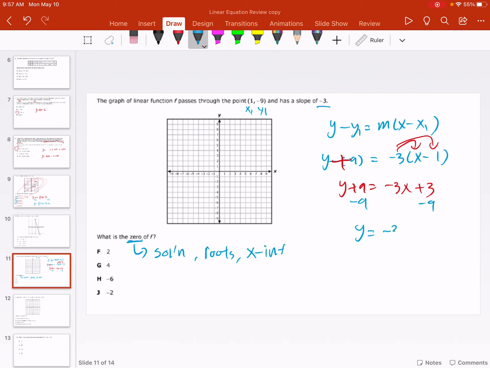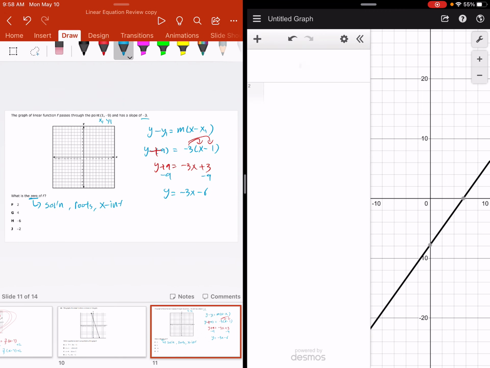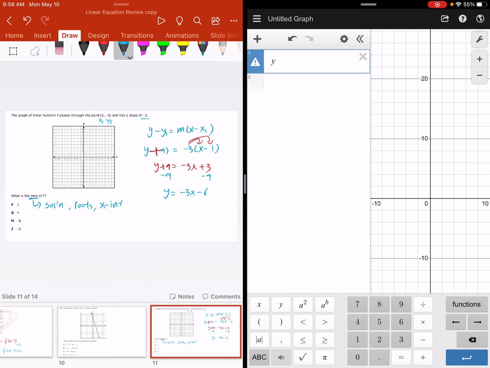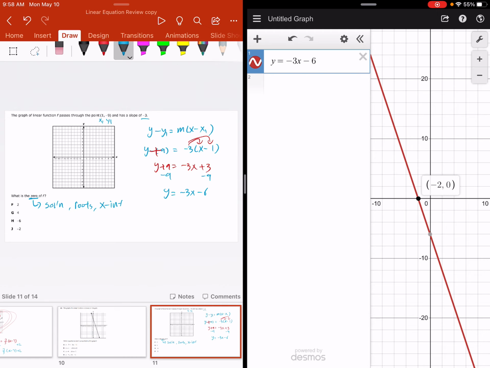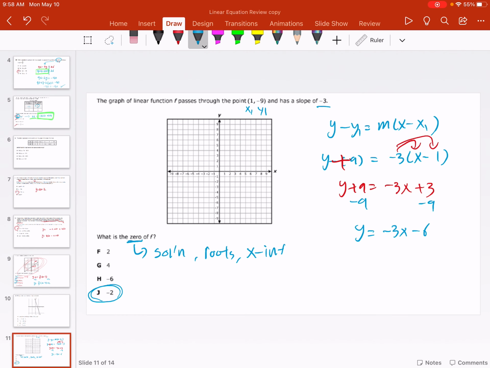Y equals negative 3x minus 6. So put this one into the graph. Y equals negative 3x minus 6, and find x-intercept, which is negative 2. That's a 0. Okay, it's easy like this.